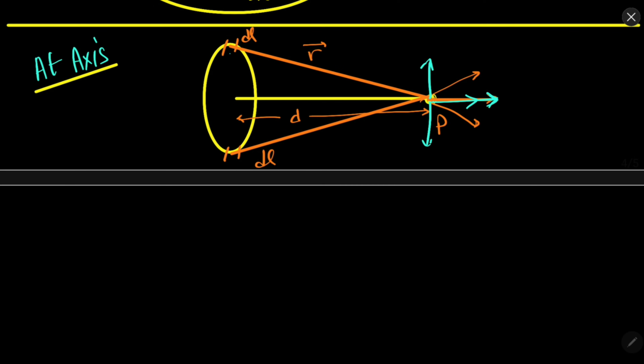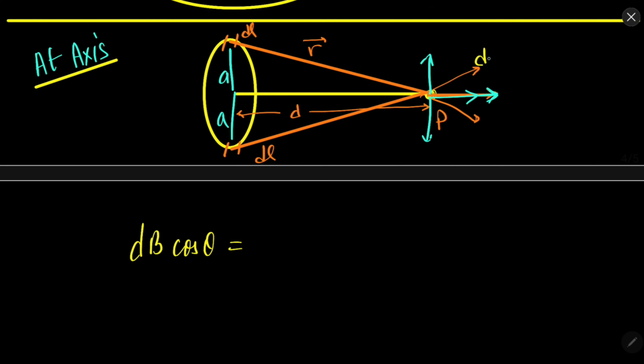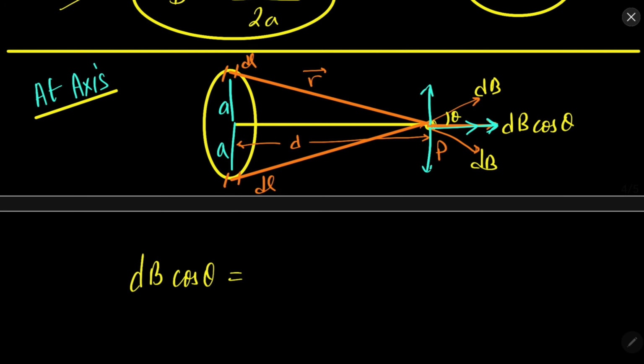So we only need to find the value. The value will be dB cos theta; this is dB, this is dB, this is theta, this is dB cos theta.